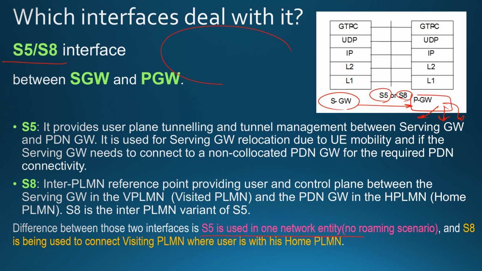As you can see, S5 is used in one network. For example, we are in one cell in our home network and we want to connect SGW to PGW.